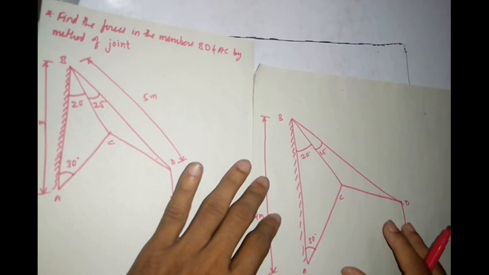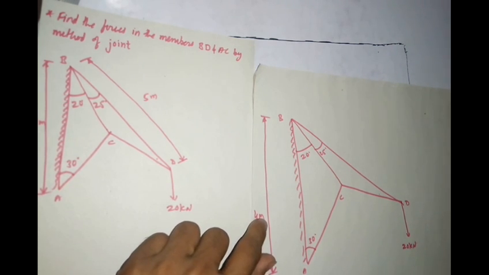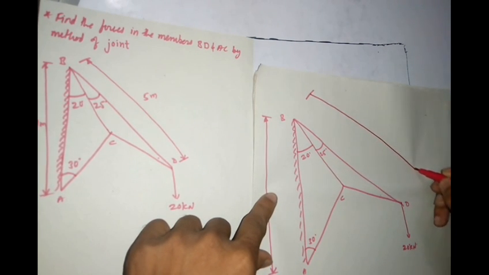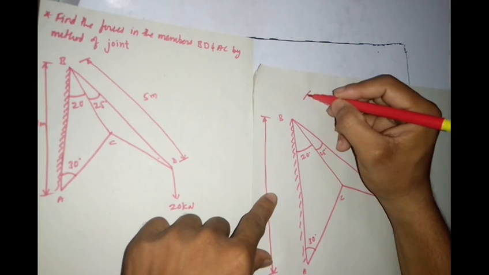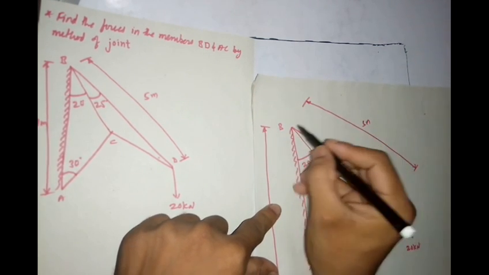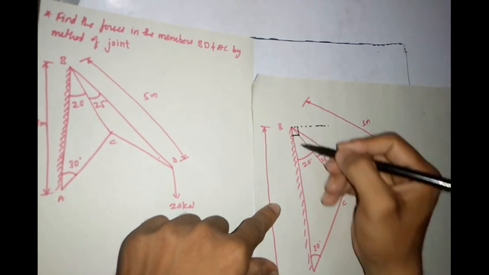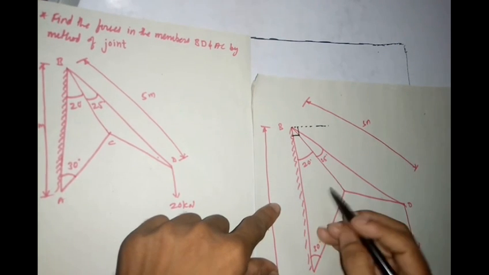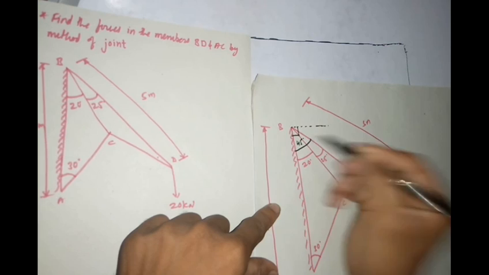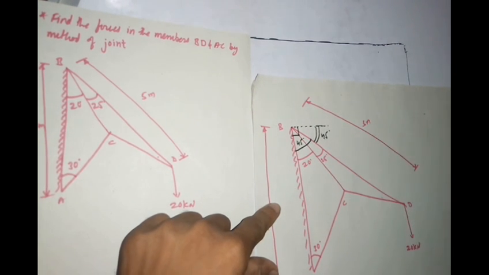So here I have drawn the given figure as it is. Here it is 5 meter. If I draw one horizontal line here, it will be perpendicular to this vertical one. So here it is 90, and from here to here it is 45 degree. So this remaining will be 45 degree.